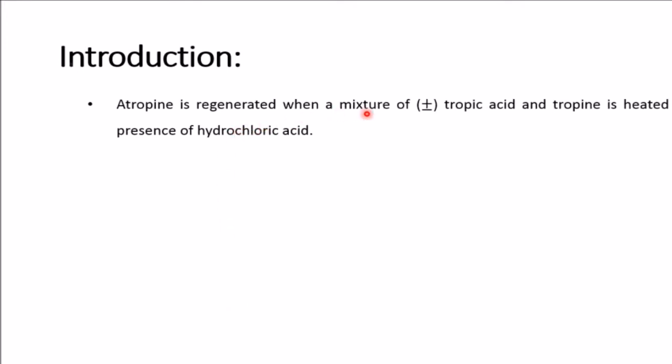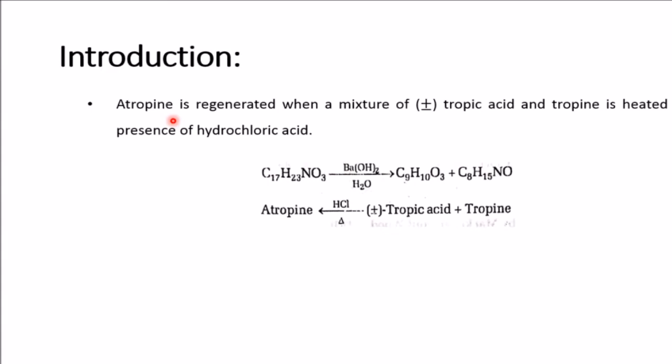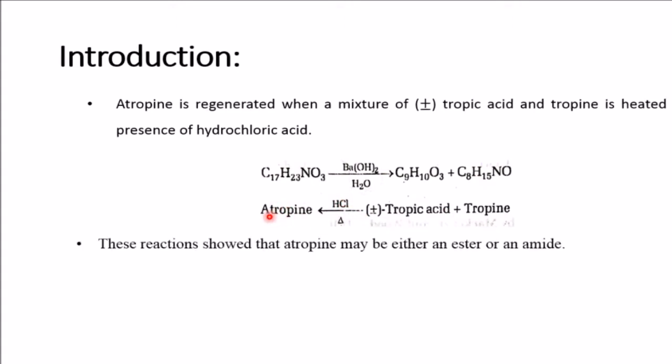Atropine is generated when a racemic mixture of tropic acid and tropine, the non-optically active part of the compound, are heated in the presence of hydrochloric acid. Here is the reaction: on hydrolysis the compound gives tropic acid and tropine, and when these are heated in the presence of HCl we get atropine back.